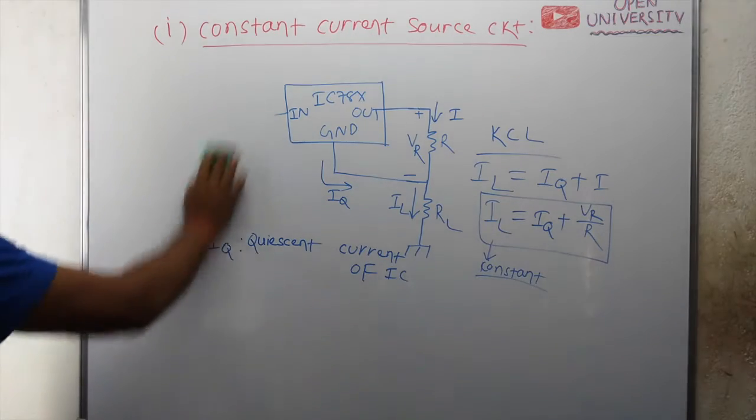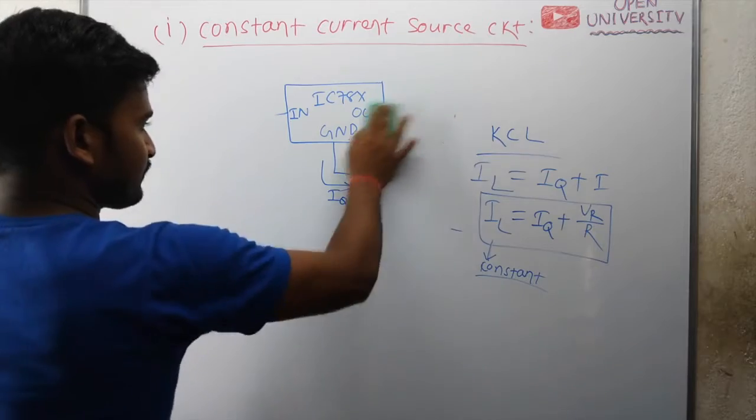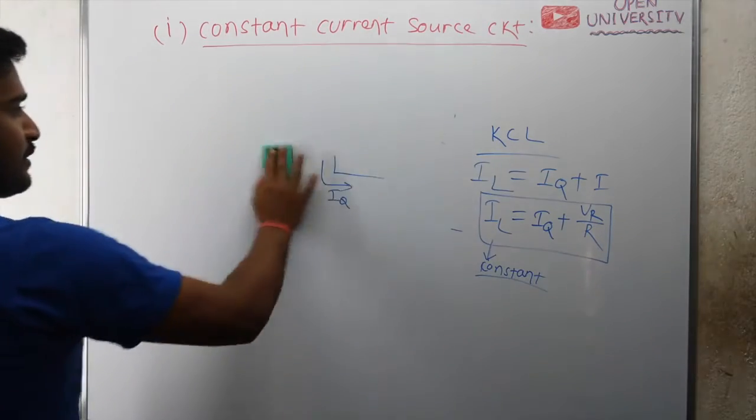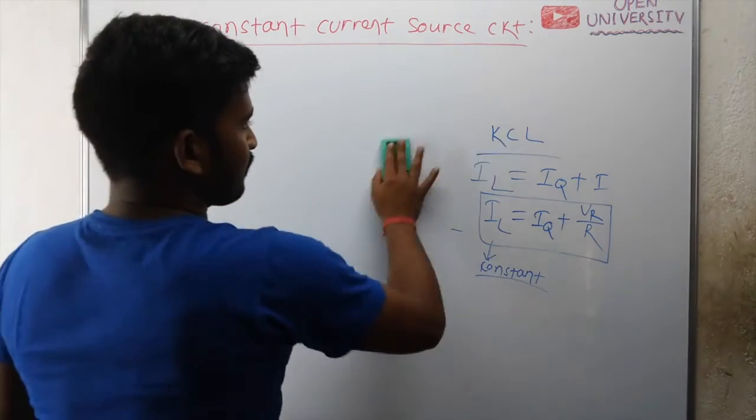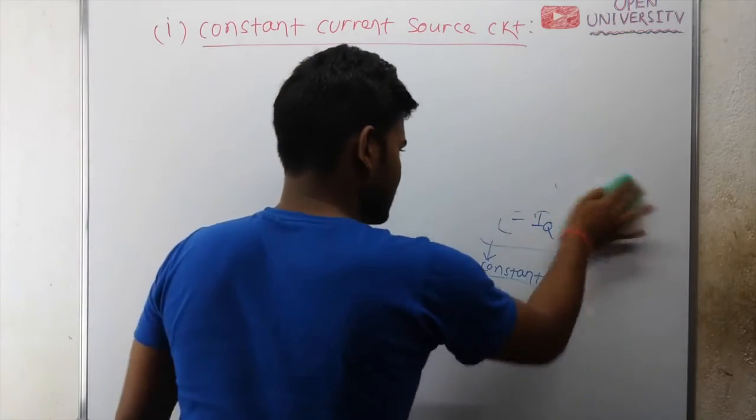Then the next application of these ICs is the variable output voltage regulator circuit. Give the heading.